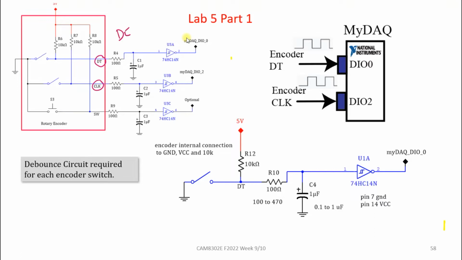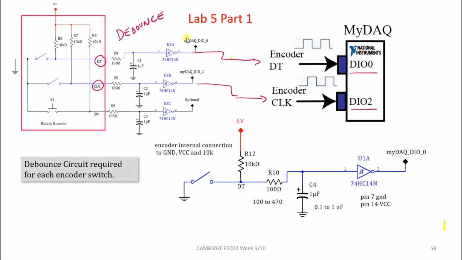And that's very important if you want to make sure that you're only getting 1 count as it is being turned. So the output of the HC14 will eventually connect to the input of the encoder, and the output of the second HC14 will connect to the clock signal. And these will connect to digital I/O 0 and digital I/O 2 on the MDAQ.